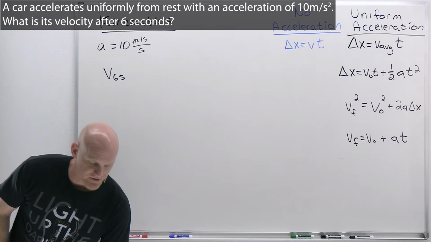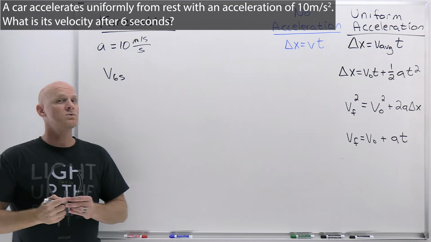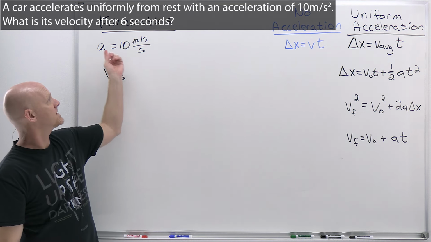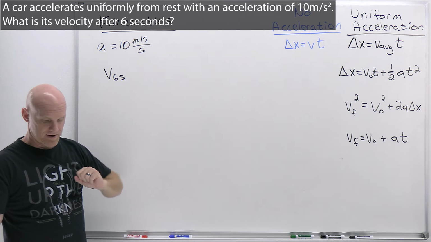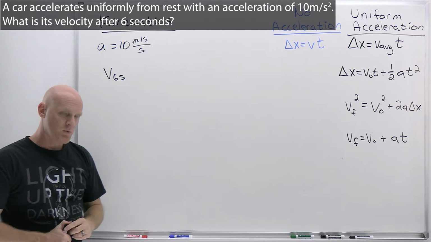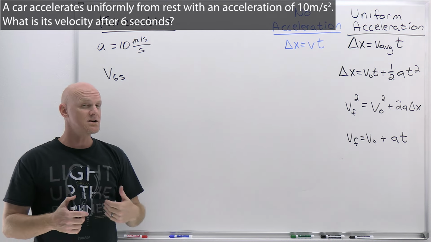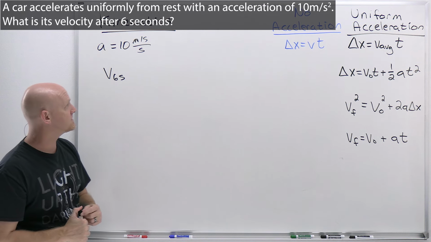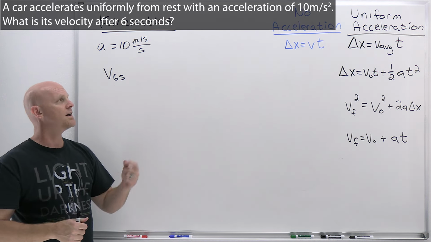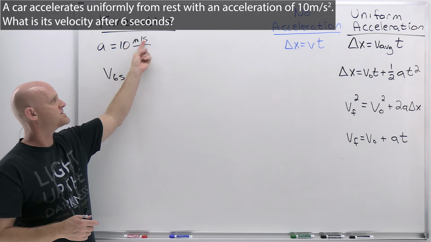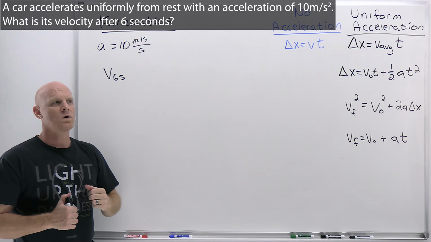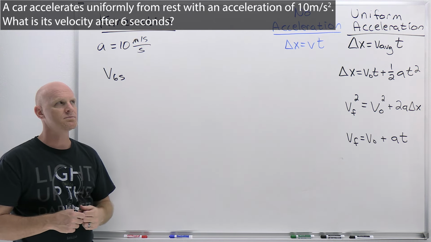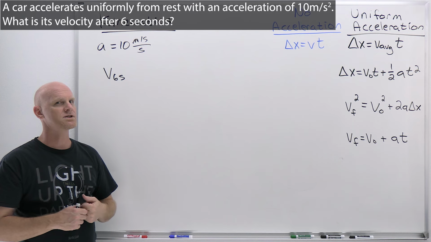So velocity after 6 seconds, you can do this in your head. The acceleration is 10 meters per second per second. We're told it accelerates from rest, which means the initial velocity is 0. It's a big key word, from rest. So if you start at 0 and you're speeding up 10 meters per second every second, then 1 second after you start, you should be moving with a velocity of 10 meters per second.